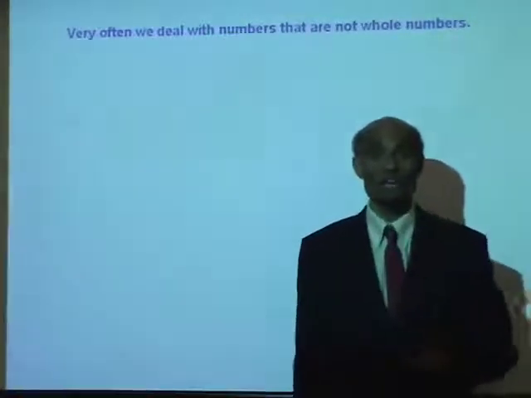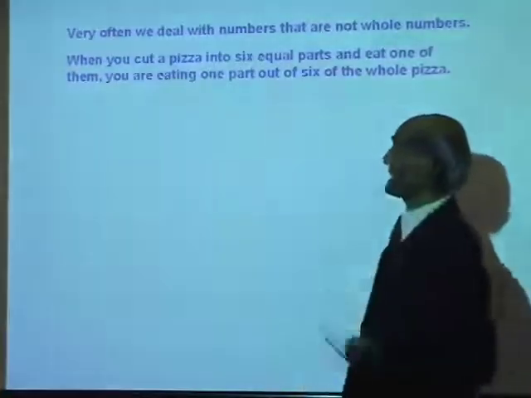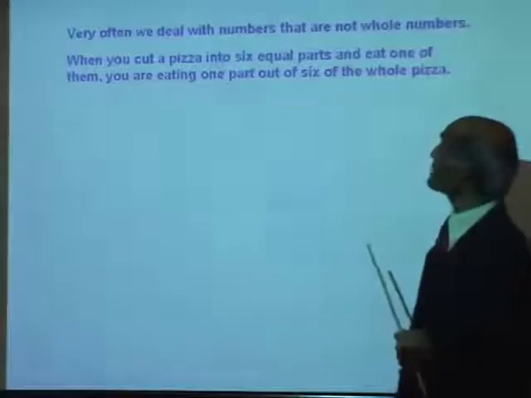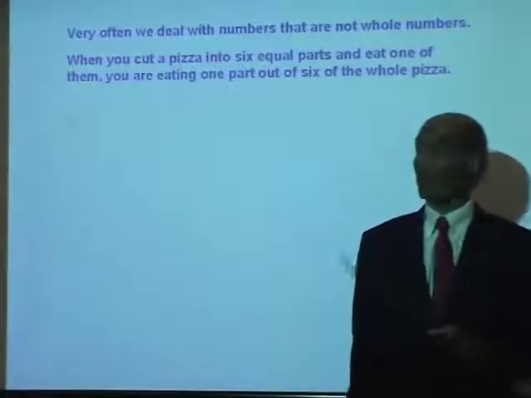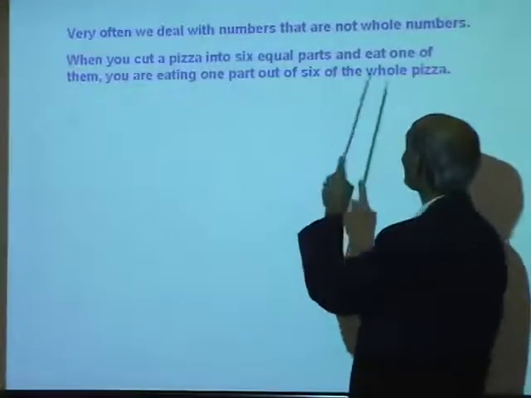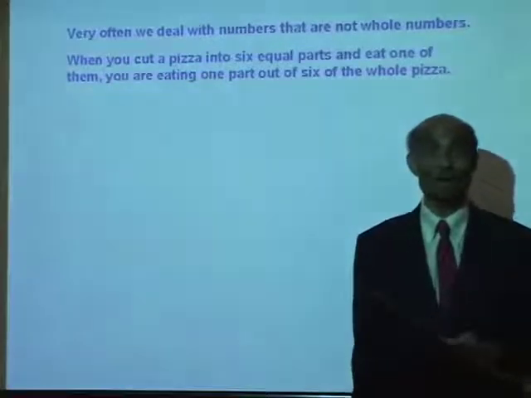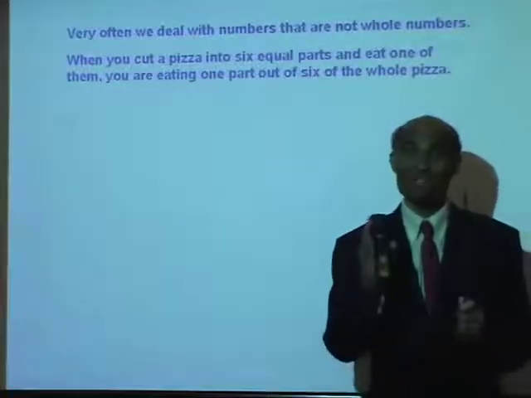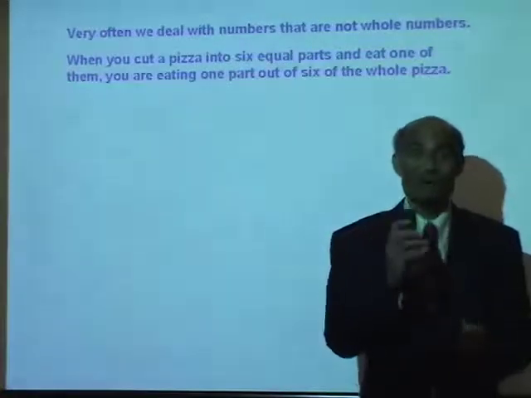Well, what kind of numbers are they? When you cut a pizza into 6 equal parts and eat one of them, you are actually eating 1 part out of 6 of the whole pizza. 1 part out of 6. Well, that is a number greater than 0 but less than 1.